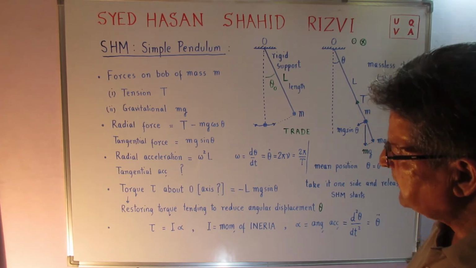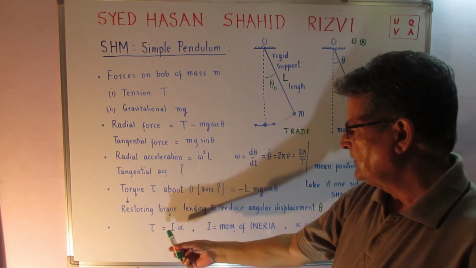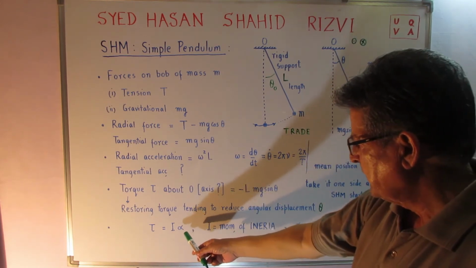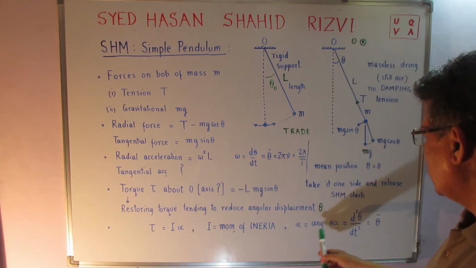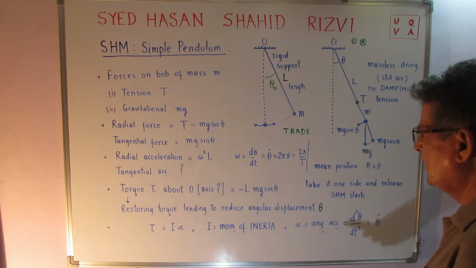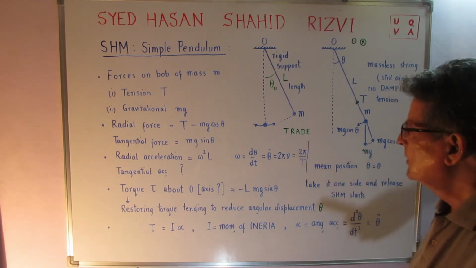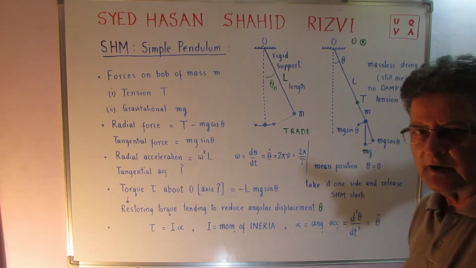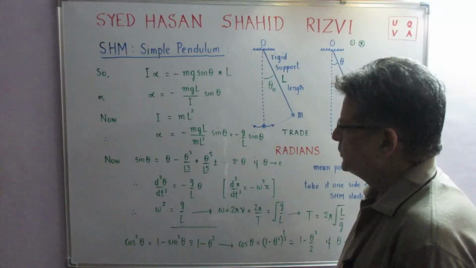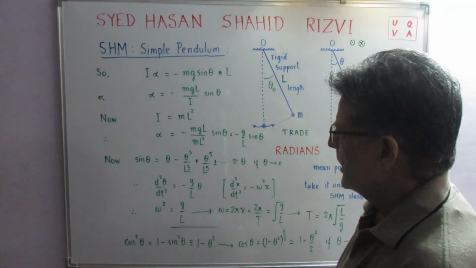Now I can write this torque as equal to I into alpha, where I is the moment of inertia and alpha is the angular acceleration, d2 theta over dt2 or theta double dot. So from here we try to obtain the equation.